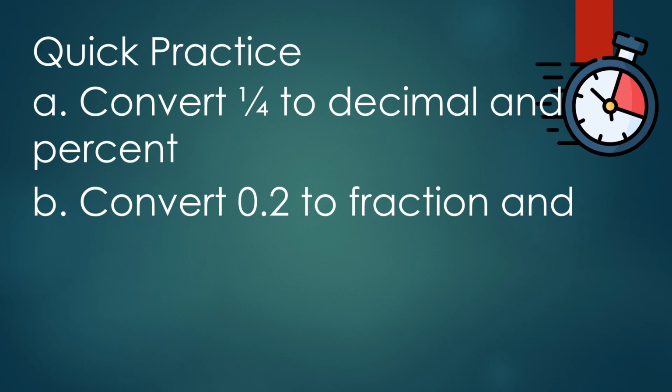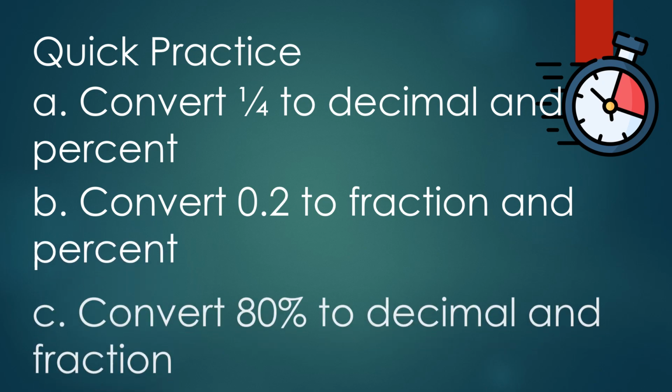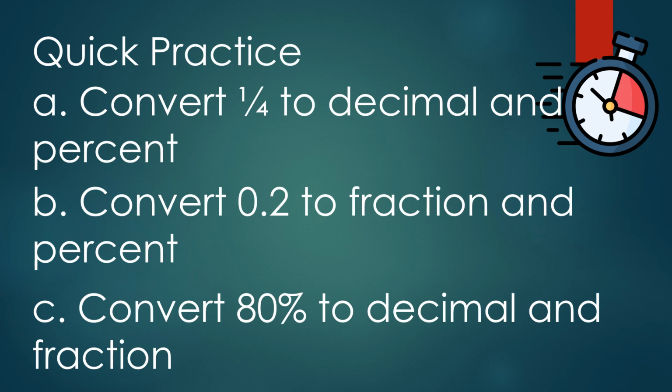So I give them 2 minutes or 3 minutes to convert the following. For A, convert 1/4 to decimal and percent. For letter B, 0.2 to fraction and percent. Now, number 3, convert 80% to decimal and fraction. So allow them to practice.